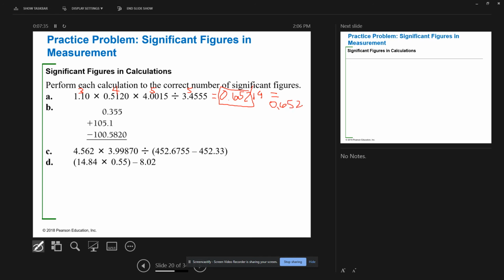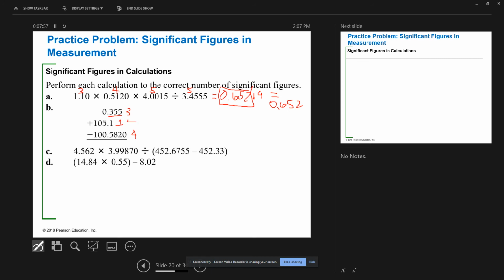Right? Okay. All right, here we just have addition and subtraction. So again, it's one rule. It's the least amount of decimal places. So here I have 3 decimal places. Here I have 1. And here I have 4.